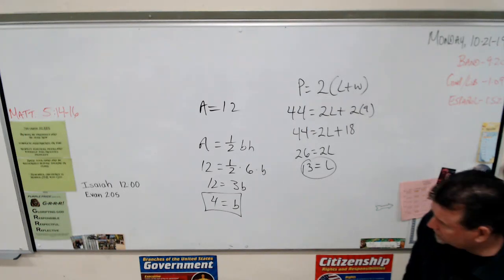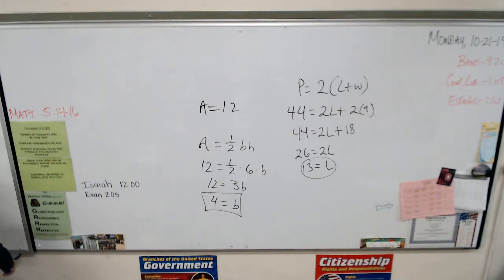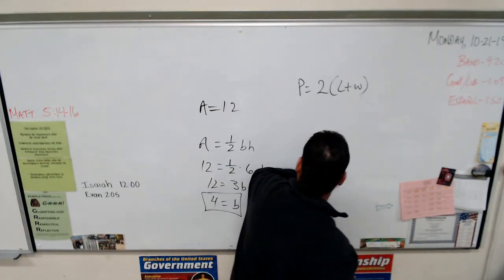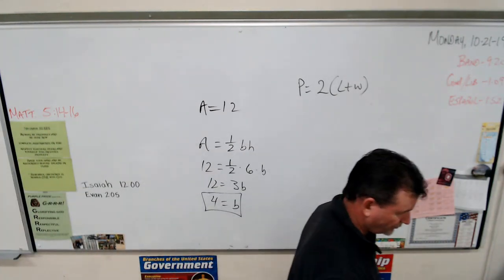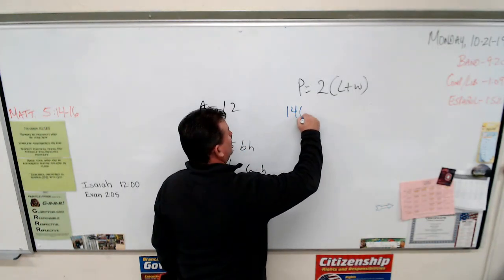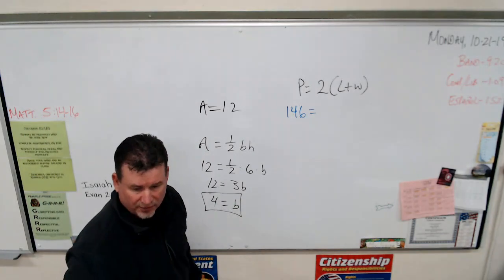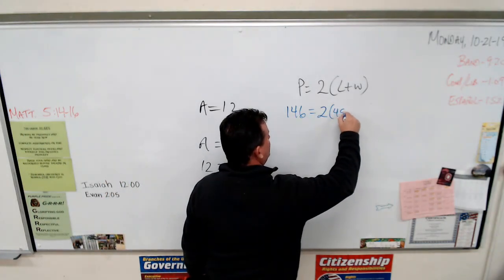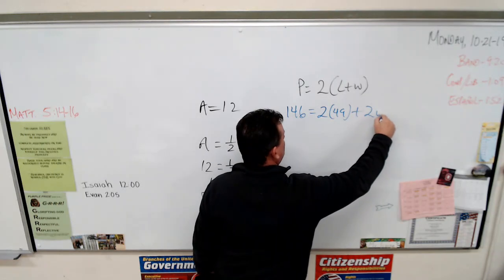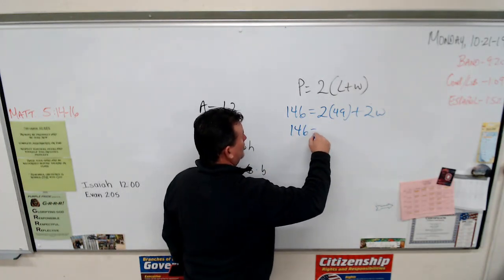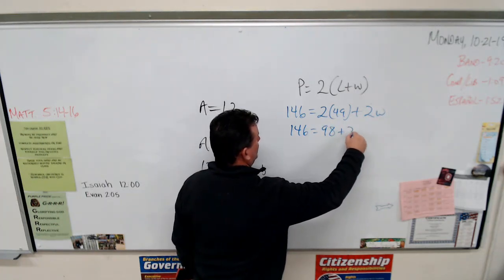Watch this. We're just going to erase this formula and fill it in again. What did they give us? Perimeter is 146. What else did they give us? The length is 49. So watch this. 2 times 49 plus 2W. 146 equals 98 plus 2W.